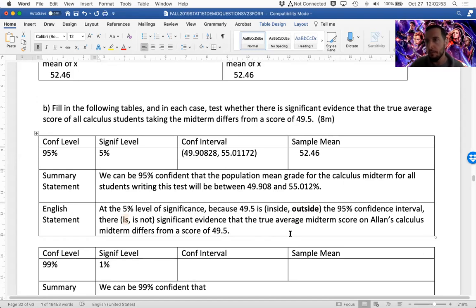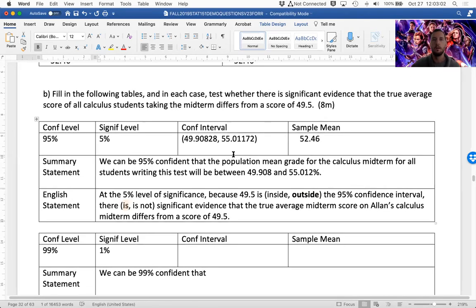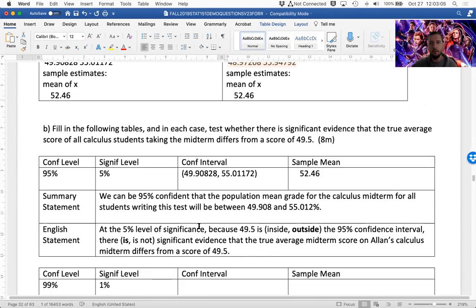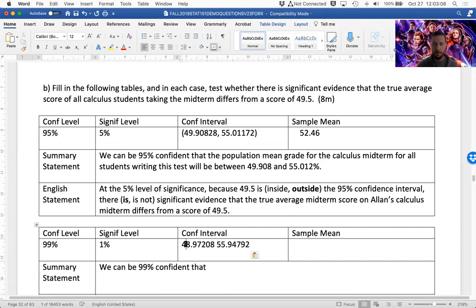So therefore, because 49.5 is outside that interval, that would give evidence that our score is different from that value. Okay, so now we can do the 99% interval. Notice here that the bounds of this interval are bigger than the bounds shown above.